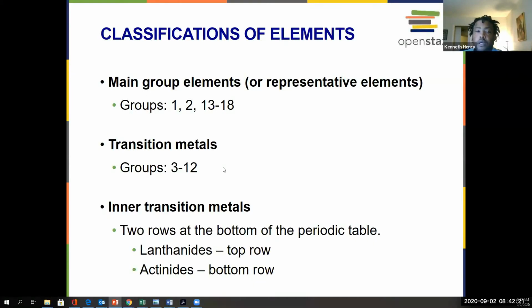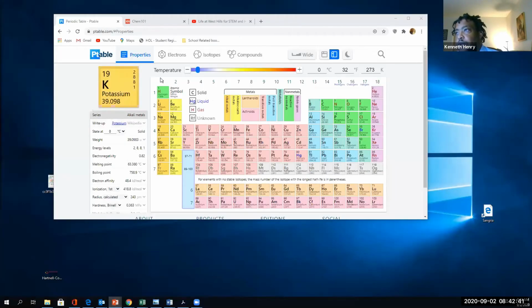Okay, main groups. Initially, the first elements that were characterized and understood were groups 1, 2, and 13 through 18. They were easy to understand because they obeyed certain rules.